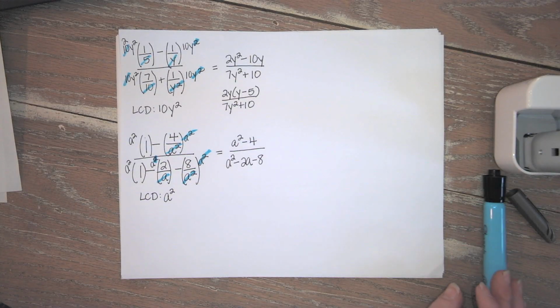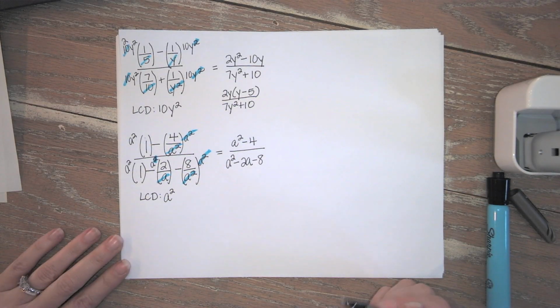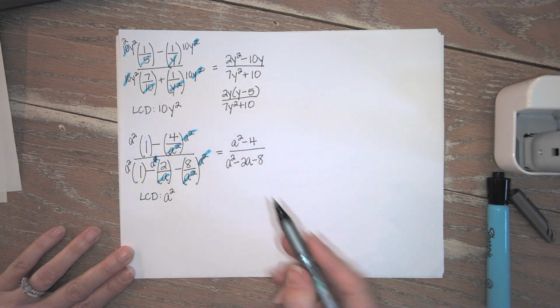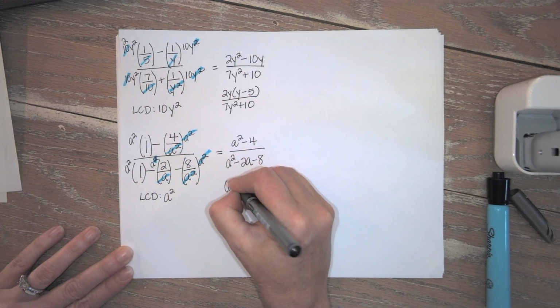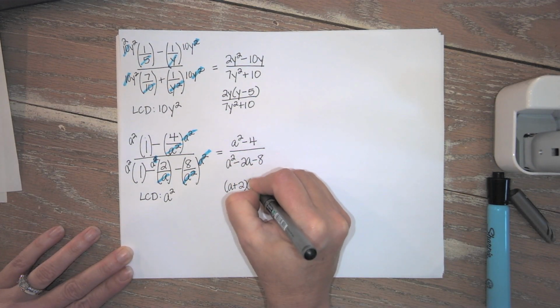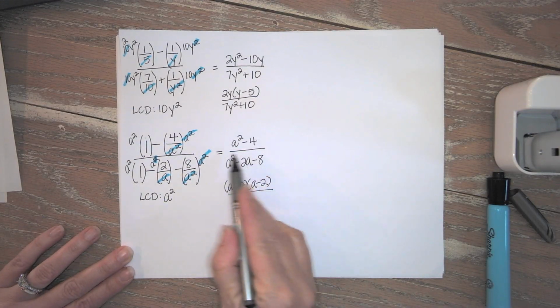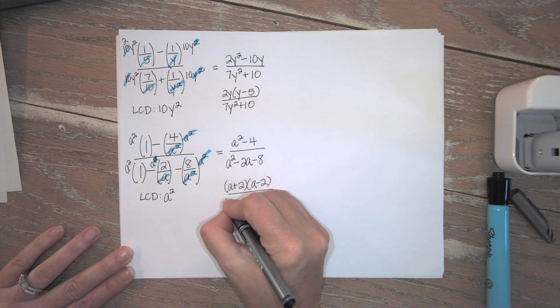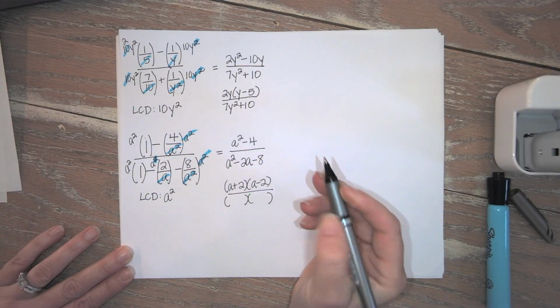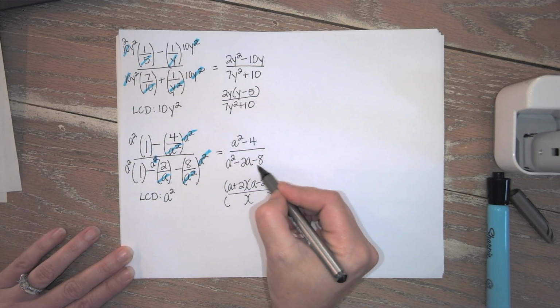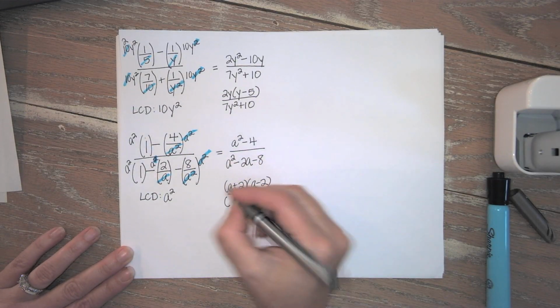And I do see some things that can factor, so I'm going to do that. On the top, you have the difference of squares, which will factor to a plus 2 and a minus 2. On the bottom, you've got a trinomial with a leading coefficient of 1. We're looking for two numbers that multiply to get negative 8 and add to get negative 2.